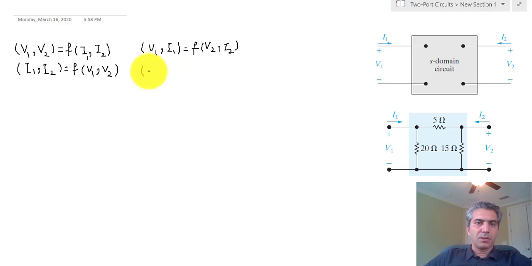You can write V2 and I2 as a function of V1 and I1.